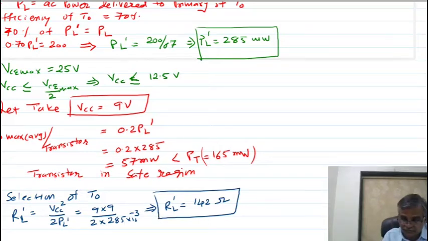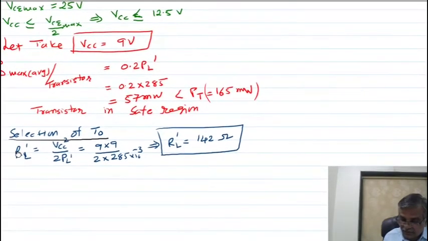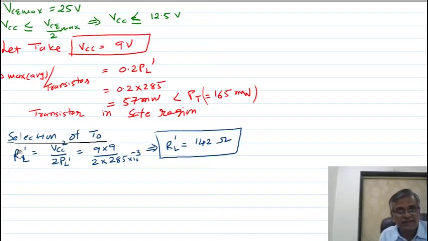Now let us talk about the impedance of the primary of the output transformer. You know this.